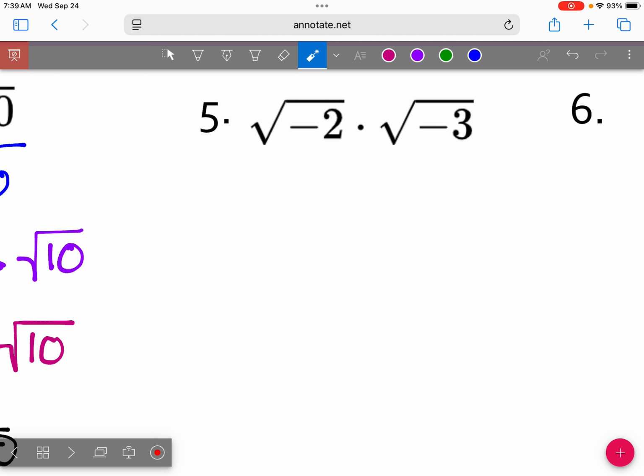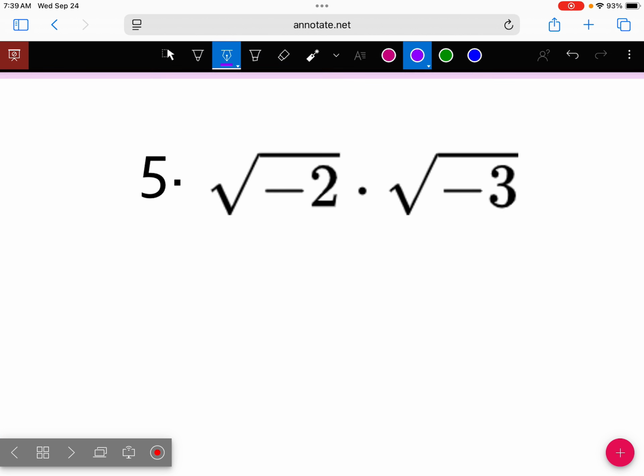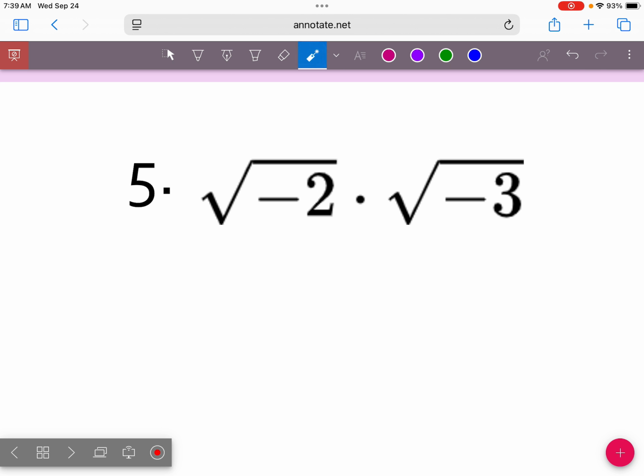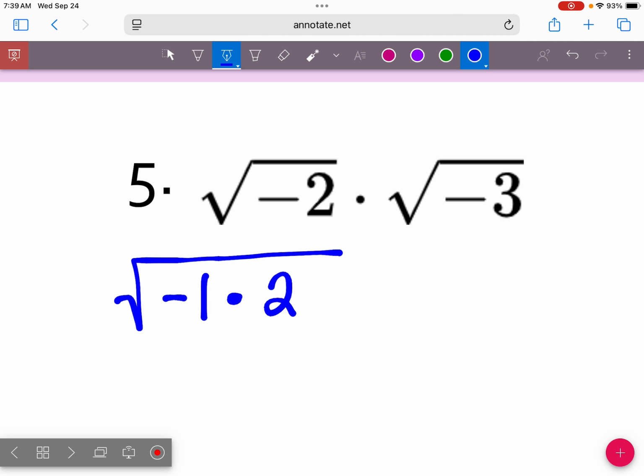So on these ones, we're going to try and simplify them first. Then we're going to multiply them. We want to put these as imaginary numbers first. So when we have these negative values in our radicals, we have our square root of negative 1 times 2, and I have this side that is my square root of negative 1 times 3.